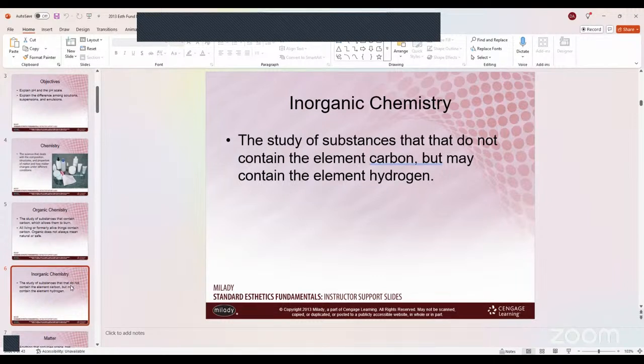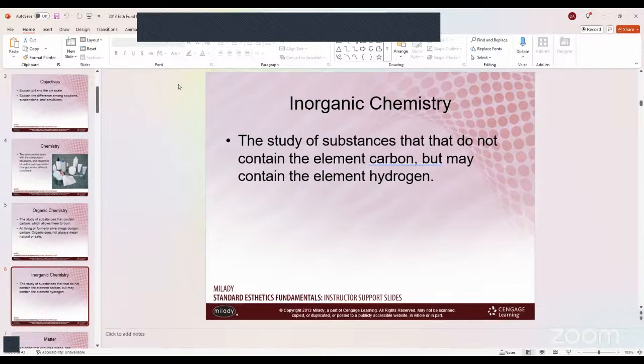Inorganic chemistry, being the opposite, is self-explanatory: the study of substances that do not contain the element carbon, but may contain the element hydrogen. A lot of our techniques and products will deal with hydrogen. You have hydrogen pens, hydrofacials, and things of that nature.